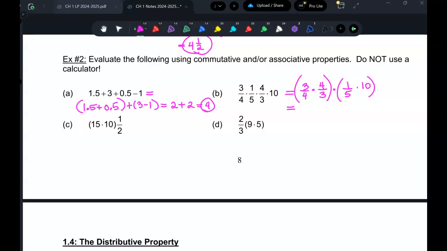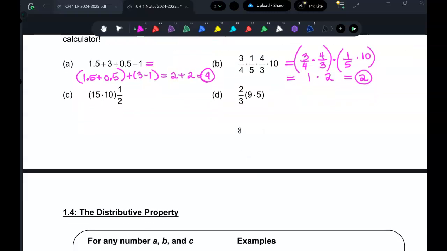Then it would be 1 times 1/5 of 10. What's 1/5 of 10? 2, because we have 10 over 5, which is 2. So then it would be 1 times 2, which is 2.